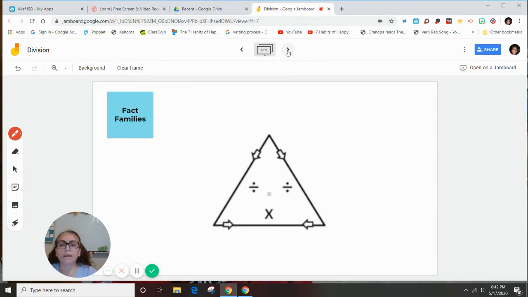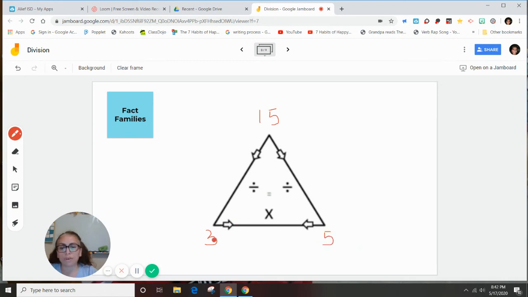Okay, and I wanted to show you this because this goes hand in hand with what we were talking about. If I know my skip countings or if I know my multiplication tables, I can transfer that into my fact family. If I say that I have 15, let's just put a number right here, 15, and I'm going to use the division symbol, 15 divided by 3 equals 5.